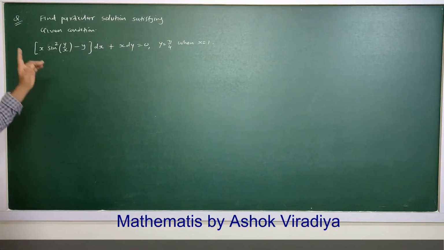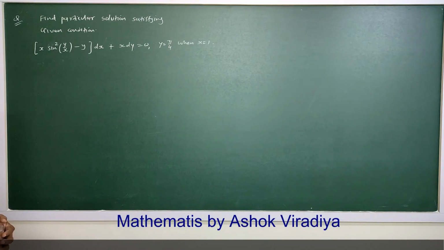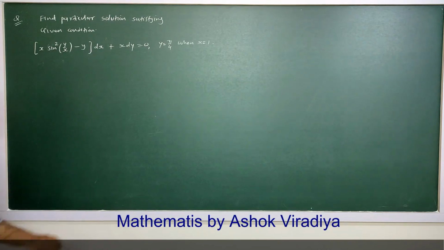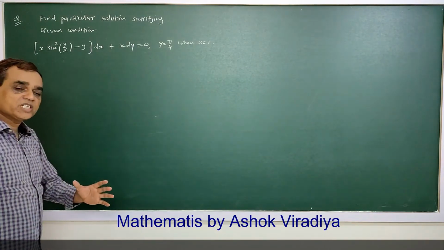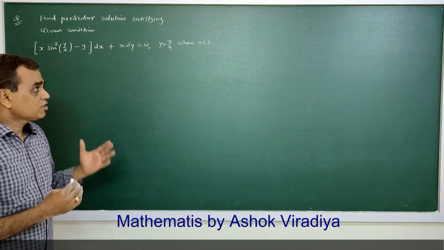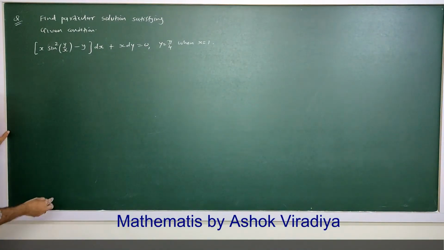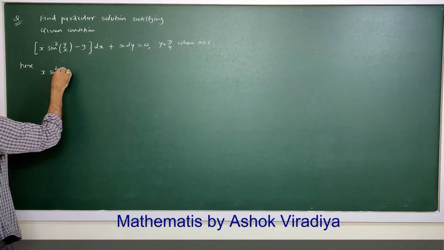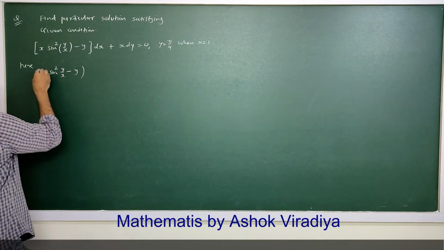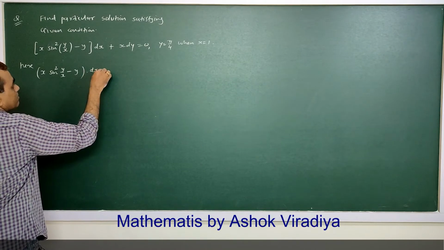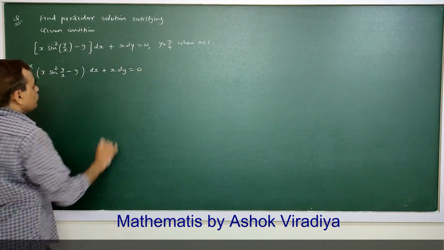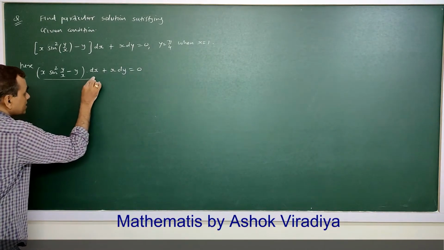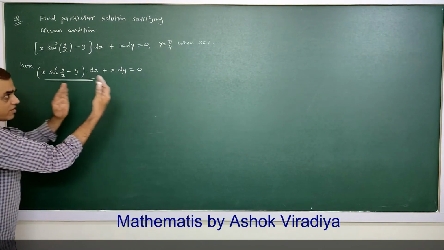Now the question is, find particular solution. Here you can see that sine square of y by x is given, so it can be a homogeneous differential equation. So we get value for dy by dx. Here x into sine square y by x minus y into dx plus x into dy is 0. Now to get value of dy by dx, first of all this term we are shifting on right hand side.